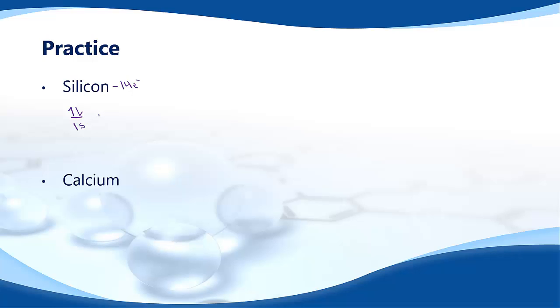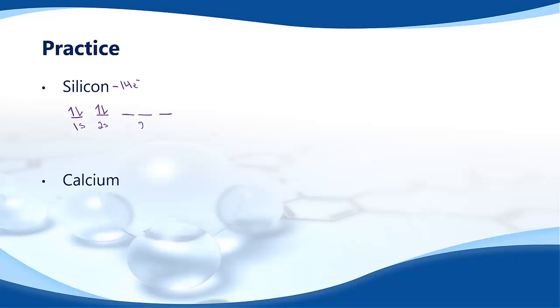After 1s, the next sublevel that fills in is 2s. 2s has 1 orbital, so I write one line, label it 2s. This is electron number 3, electron number 4. After 2s comes 2p. P sublevels have 3 orbitals, right? So I'm going to draw 1, 2, 3 lines.